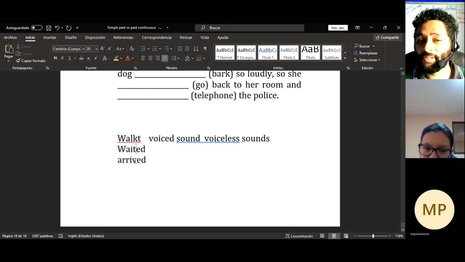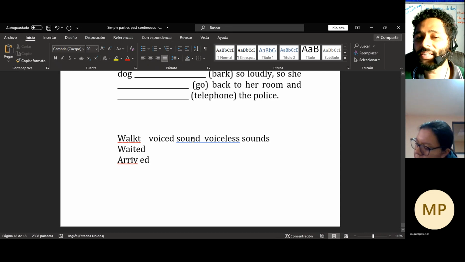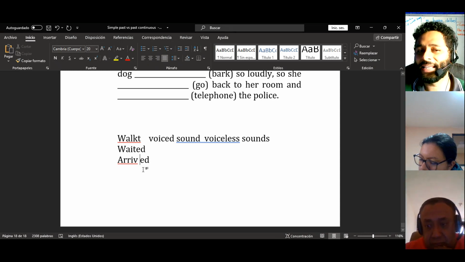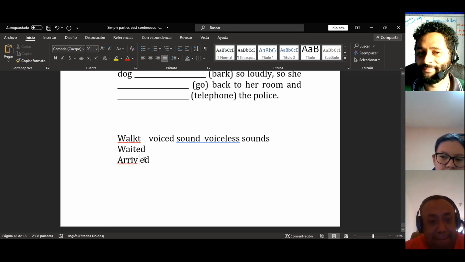Ahora, arrived. Aquí, pues es una D. ¿Por qué? Ahora, ya dijimos que cuando tienes voiceless sounds, eso va a sonar a T, ¿no? Pero cuando tienes voiced sounds, entonces va a sonar a D, perdón.